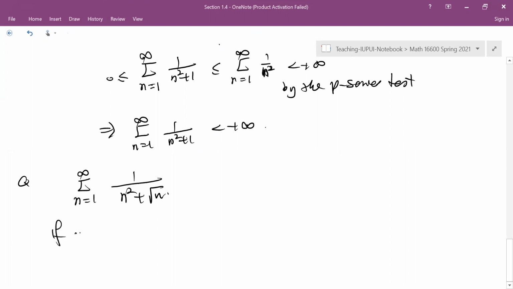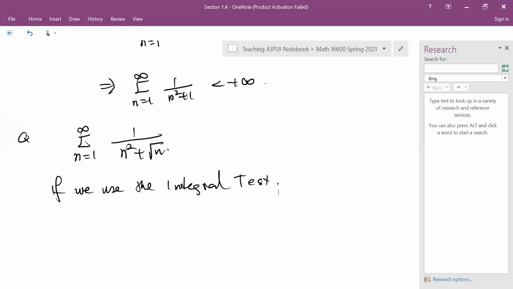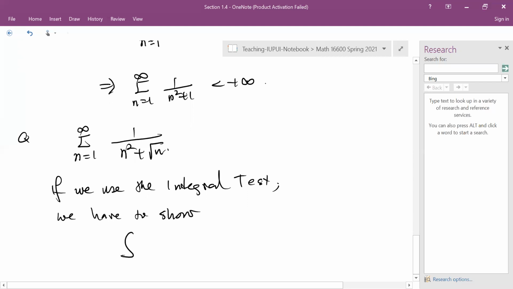We would have to show that this integral is finite, convergent.